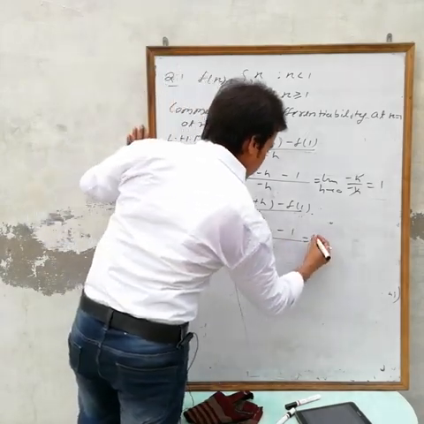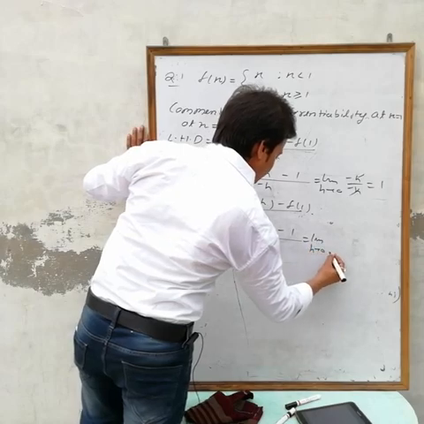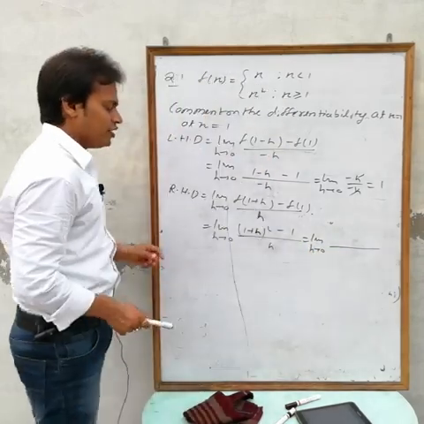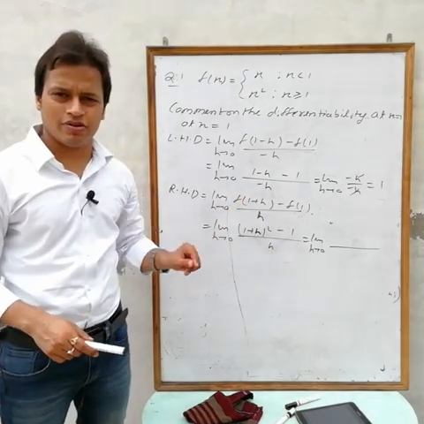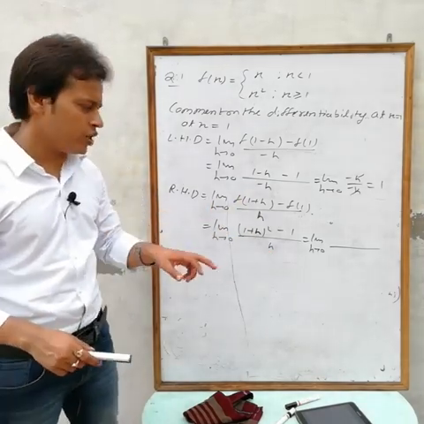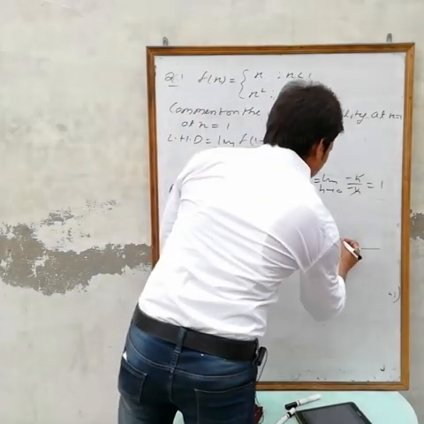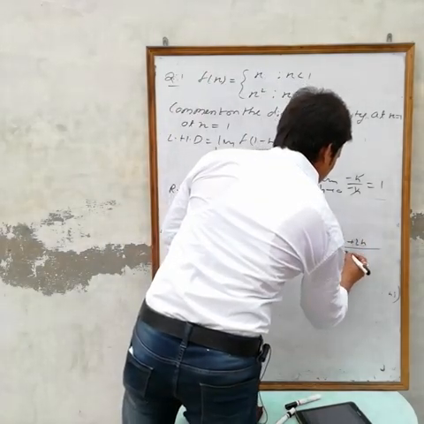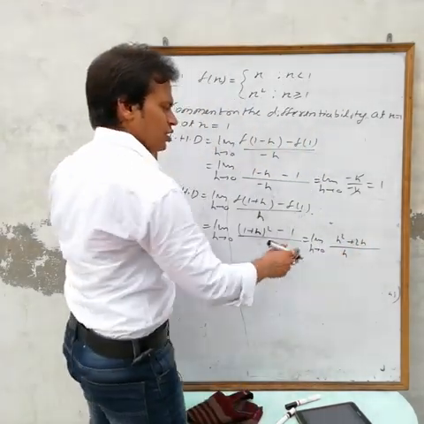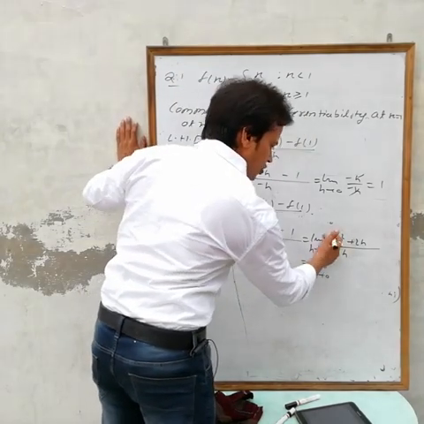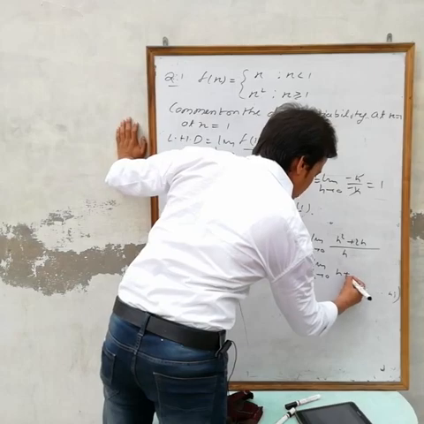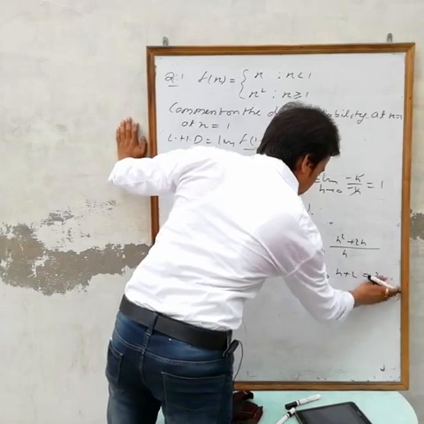Now see, limit h tending to 0, if you expand, what we are getting: 1 plus 2h plus h squared, 1 cancels out, then we are getting (h squared plus 2h) by h. Take common h and divide by h, h cancels out, then h plus 2. If you put h equals 0, we get 2.